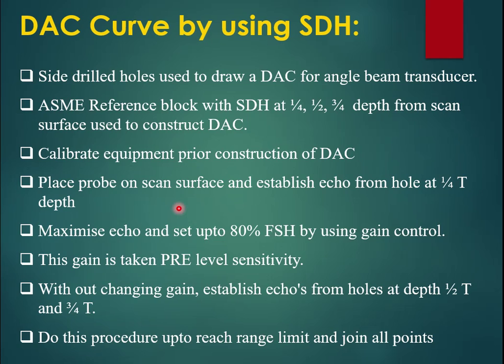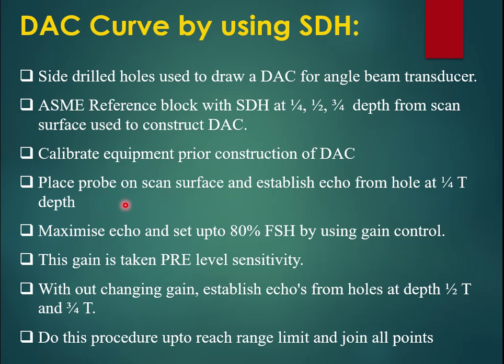Then place the probe on the scan surface and establish an echo from the hole at 1/4 T of depth. First catch the first hole, meaning the hole whose distance is less than the remaining holes. First catch the small distance hole, which is 1/4.